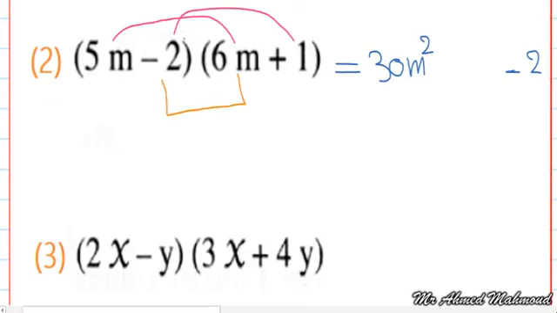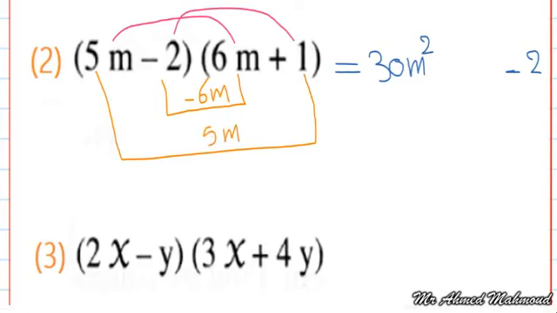Negative 2 times 6m equal negative 12m. The extremes together. 5 times 1 equals 5m. Don't forget to use plus. Negative 6 plus 5 equals negative 1.